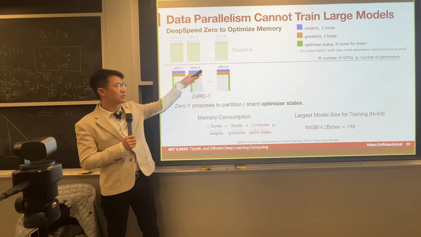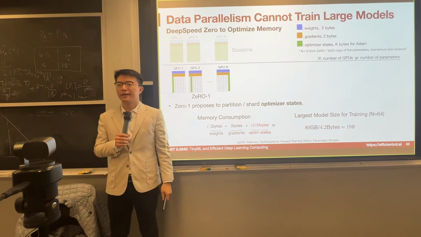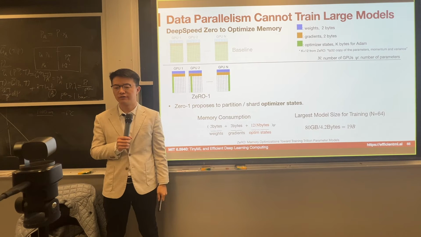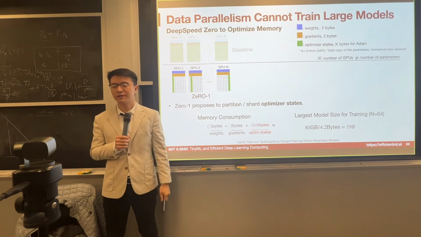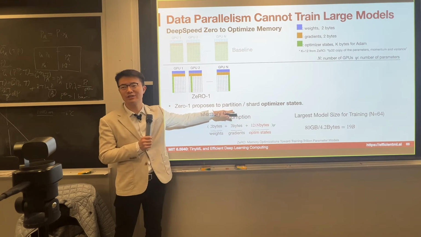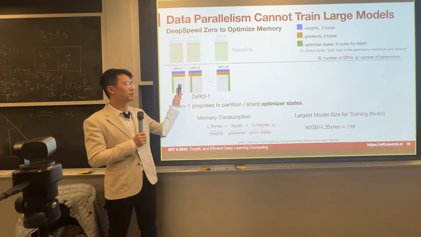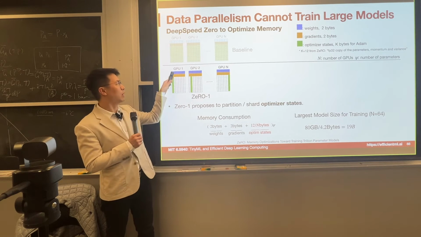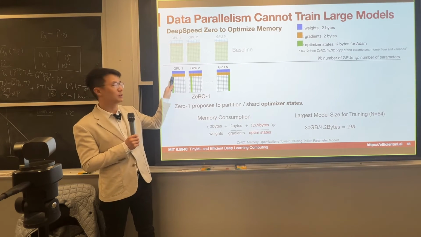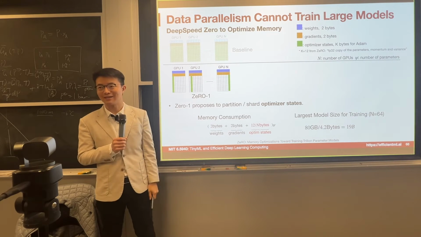So since the optimizer state is occupying most of the memory, we can shard the optimizer state. Shard just means partition. Okay? Partition the optimizer state across different workers. For example, worker 1 only has its own copy, part of the optimizer state.